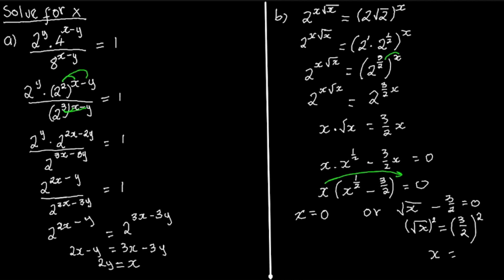And then x will be equal to 3 to the power of 2, which is 9, and 2 to the power of 2, which is 4. So our final answer, guys, is 9 over 4, and x is also equal to 0.